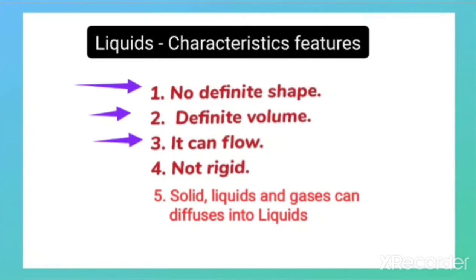They can flow, as we know from the activity when we spill water on the ground and it starts to flow. Liquids are not rigid, they can change shape. And solids, liquids and gases can diffuse into liquids. These are the characteristic features of liquids which we have concluded by doing this activity.